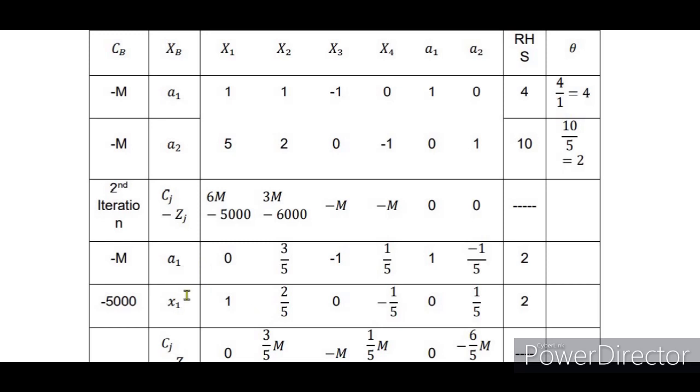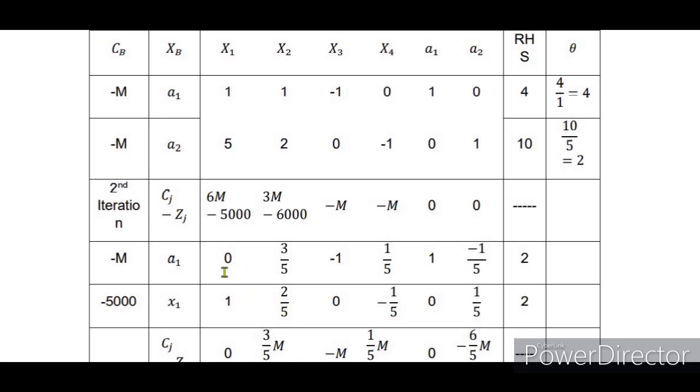Now we will rewrite a sub 1 by making an identity matrix between a sub 1 and x sub 1, because they are the variables under x sub b. So they are the basic variables. They are the ones we are solving.